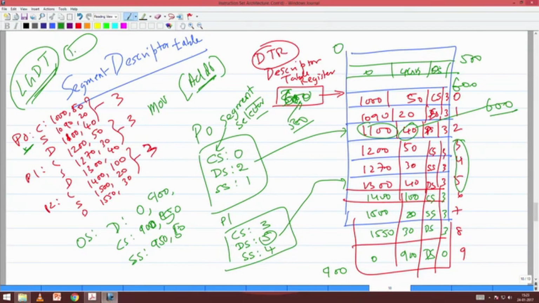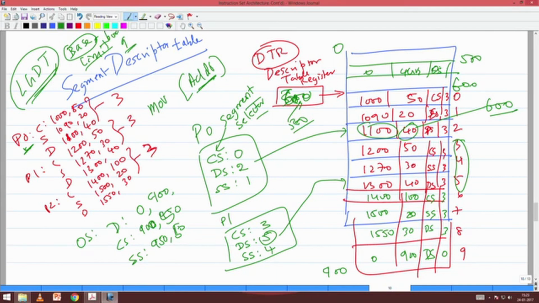And also there is a limit here. LGDT will give you the base of the descriptor table and also the limit. Limit tells how many segments currently I have. I can't go and add more segments. So currently I have only 9 segments. So this base will be some 600 and the limit will be some 9 or some multiple of 9. Okay.